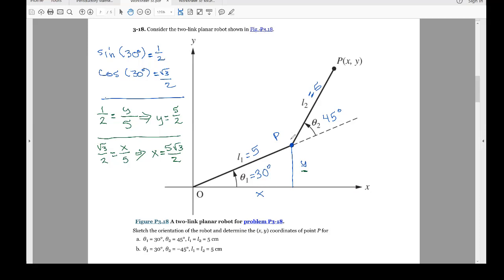Now I found this point right here. So let's call this P of x1, y1. This means that P of x1, comma, y1 is equal to 5 times the square root of 3/2, comma, 5/2.